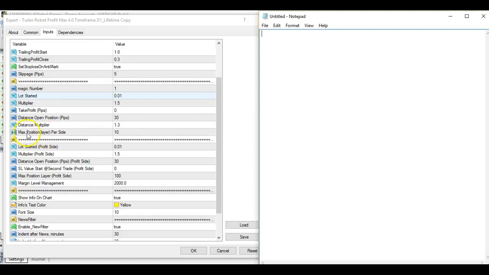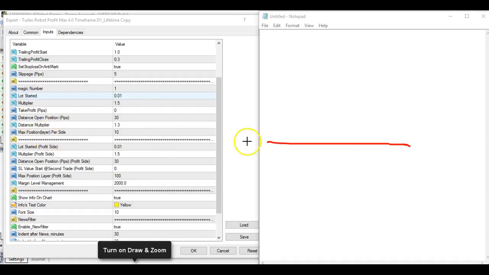So next will be the maximum position layer per side. So every side looks like this. Just now I already explained how it works here. Now let's say this side is the same sell trade, any currency pair, euro, US dollar, GBP, it's still the same sell trade.